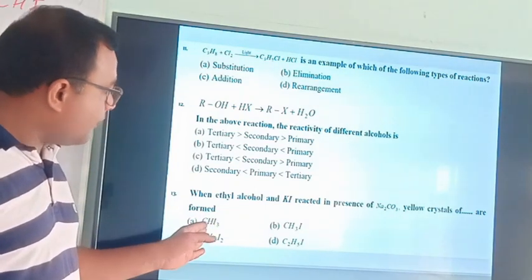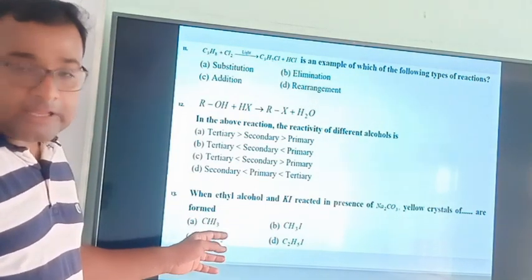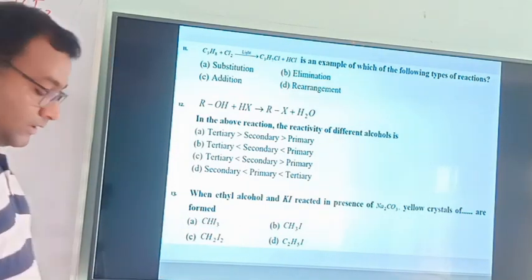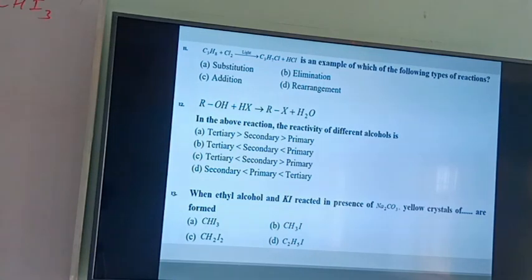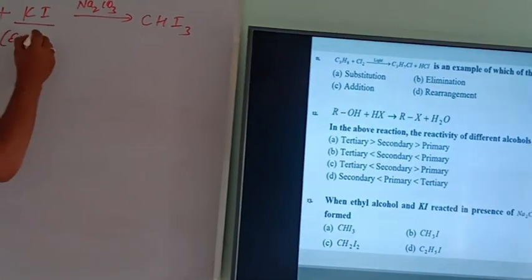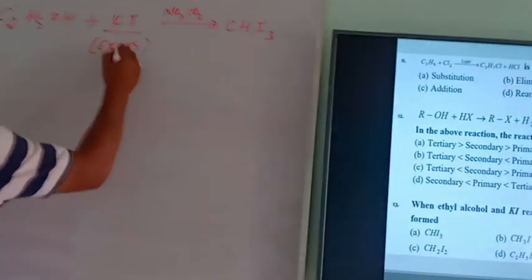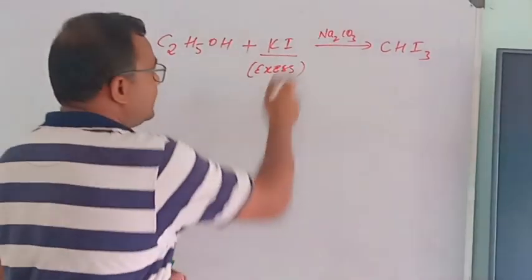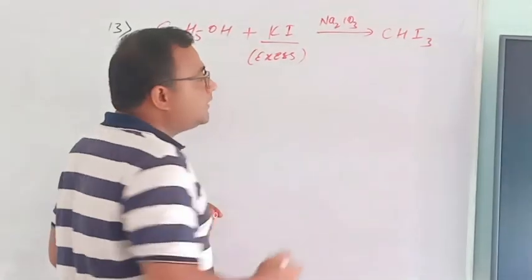There is a possibility of forming many compounds, but the only yellow crystal is CHI3, which is iodoform. So you can see the reaction here. Excess potassium iodide reacts with this in presence of sodium carbonate.